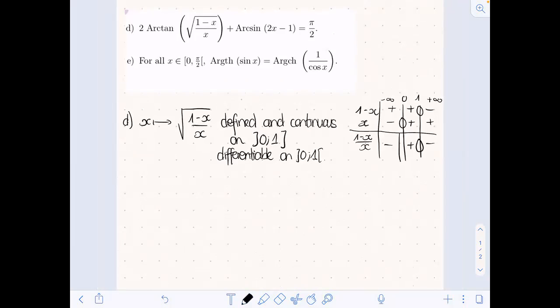Now, can you remember where the arctangent lives and where it's defined, continuous, etc.? I think it is between 1 and minus 1. It should actually be on R, I think.